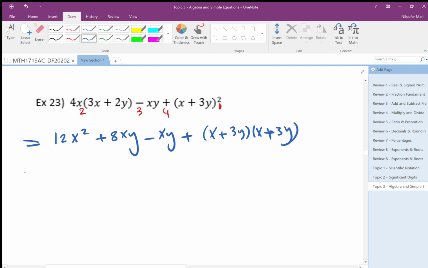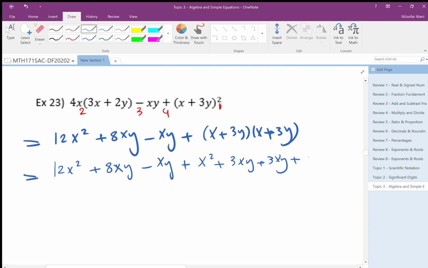Okay, there is a formula for that, but right now we don't know it. So we just multiply them. Okay, so it is 12x squared plus 8xy minus xy plus x squared plus 3xy plus 3xy plus 9y squared.